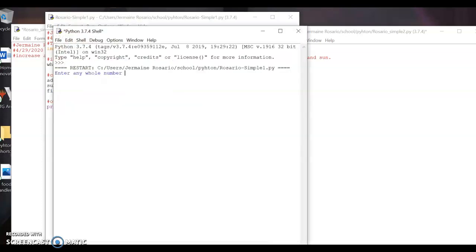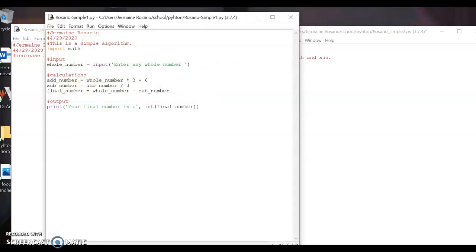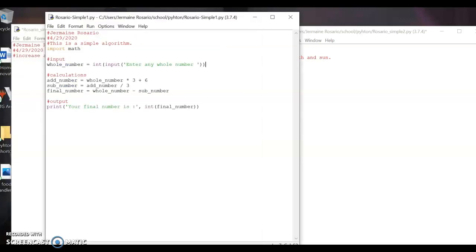So enter any whole number. We'll do 3. Oh, oops, silly me, I forgot. We have to format it correctly. And now, oops, mistakes are fun.